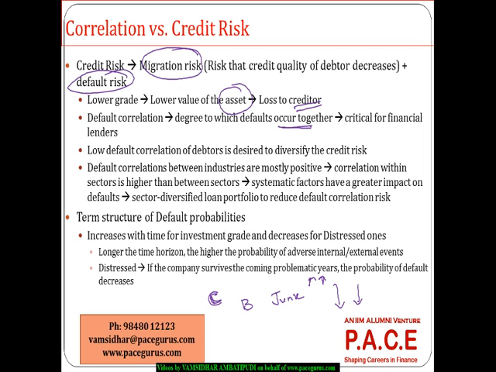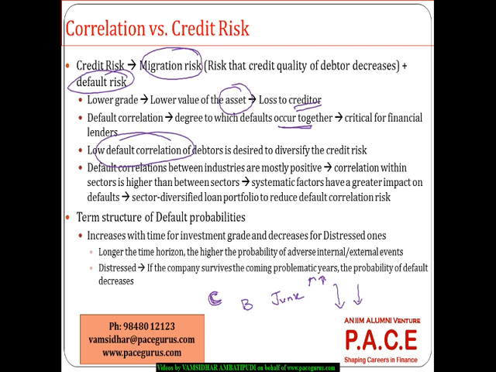So if the default correlation is much lesser, that is what the creditor is going to prefer. Measuring the correlations between different kinds of debtors and different kinds of loans is essential to mitigate the risk for a lender.